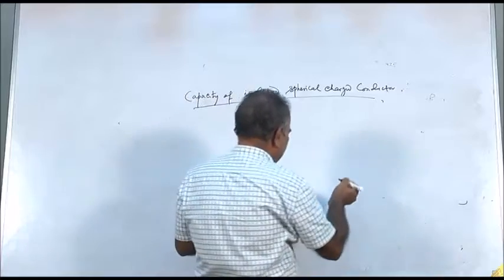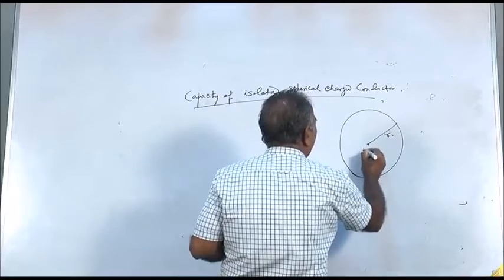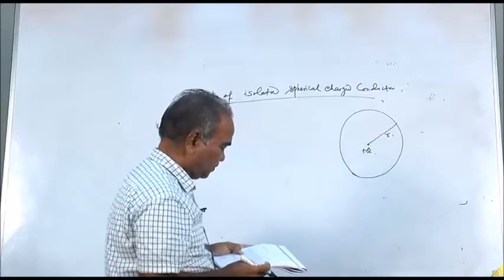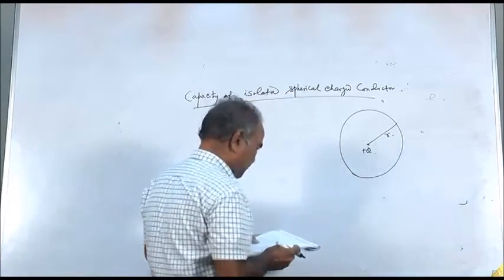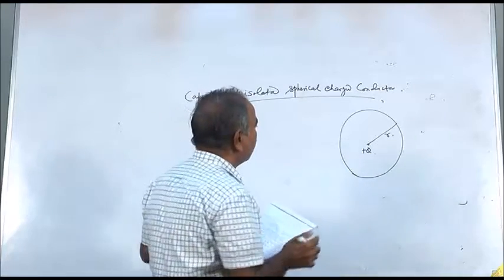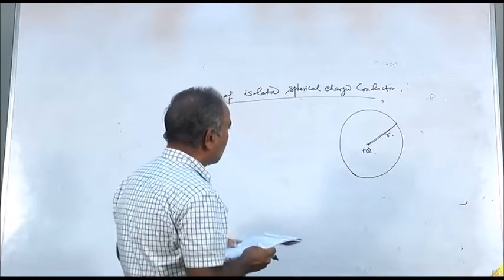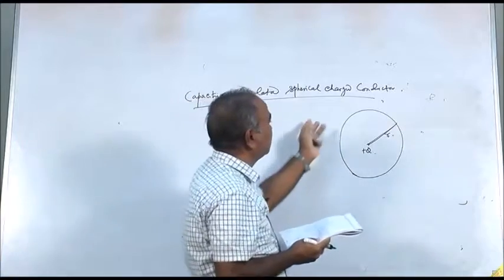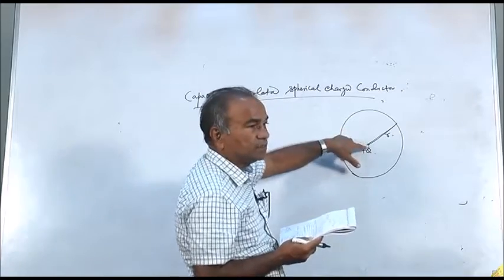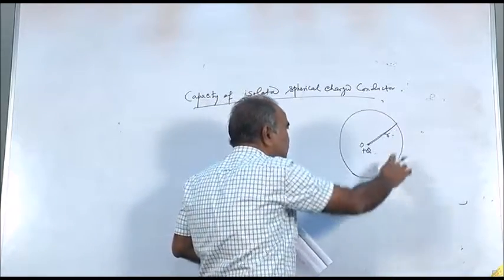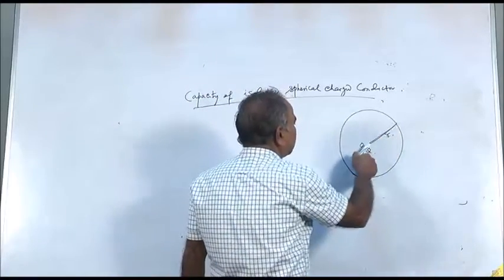So let us consider a spherical charged conductor of radius r. Q charge is placed here, and it is placed in air, and r is the radius of that sphere. For calculation purposes, though the charges are distributed over the surface, it is assumed that all the charge is concentrated at a point, the center O.